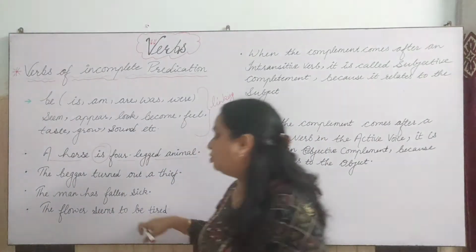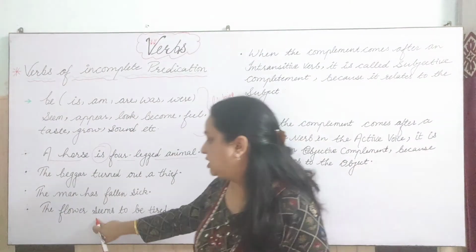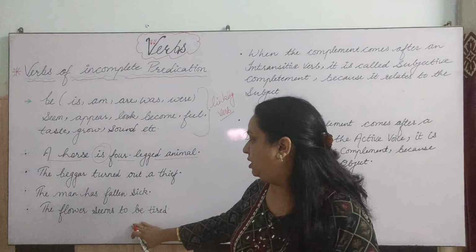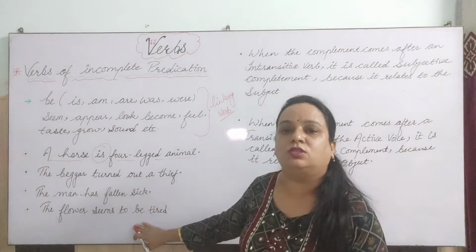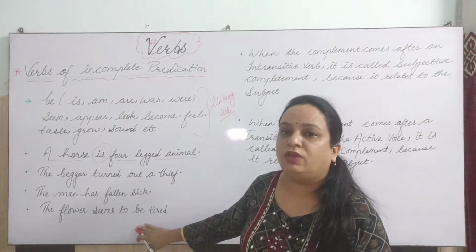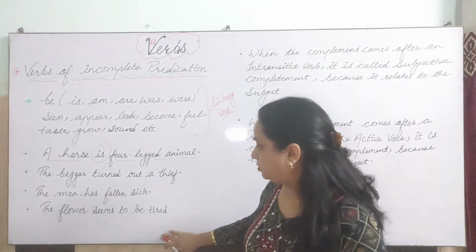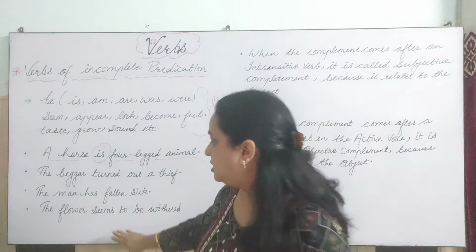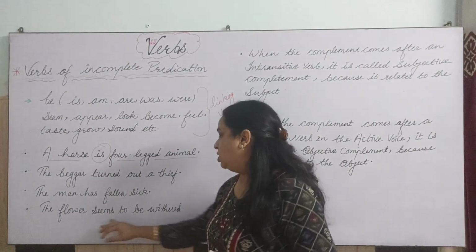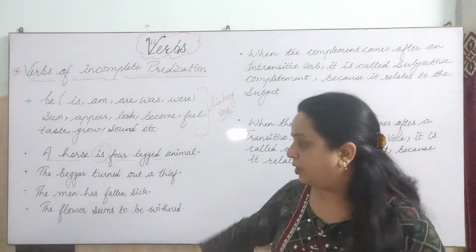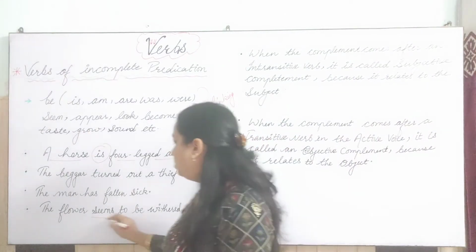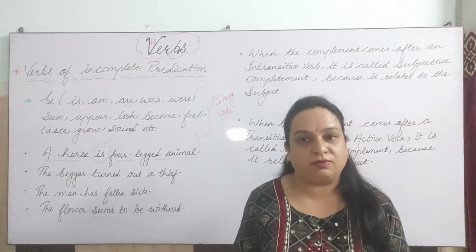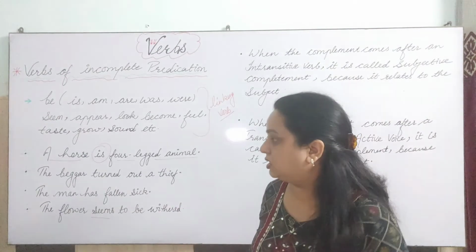"The flower seems to be tired." Now "seems" here, with "to be tired" or "to be withered" or something like that, is what we have to do here. The next sentence says "the flower seems to be withered". Here "seems" is the verb, but after that there is no need of an object every time, as we have discussed many times.